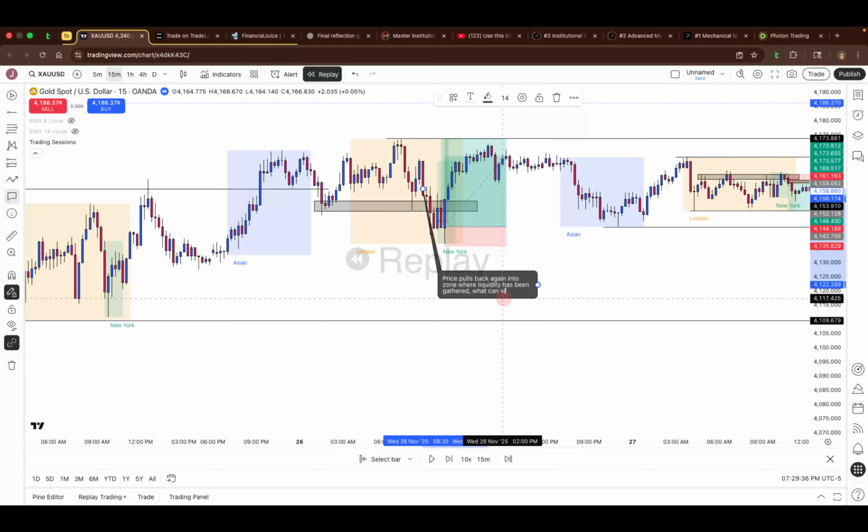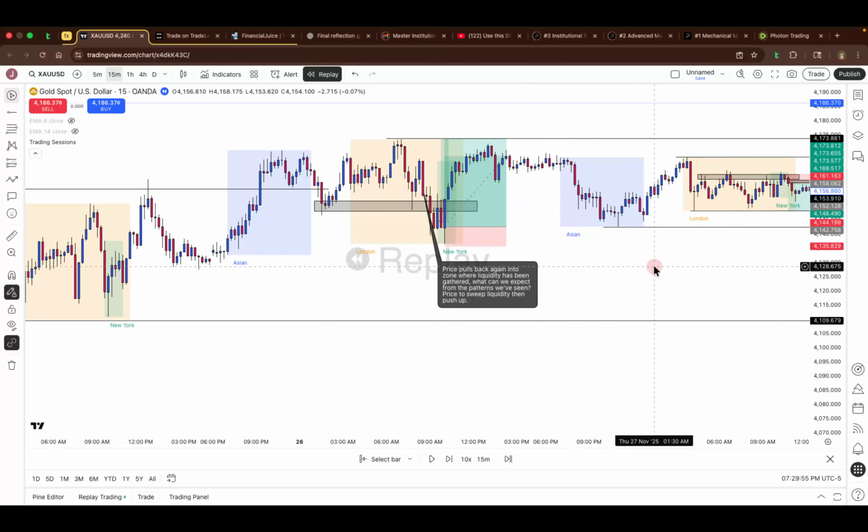What can we expect, from the patterns we've seen? Price to sweep liquidity, then push up. That's what we're looking to see.